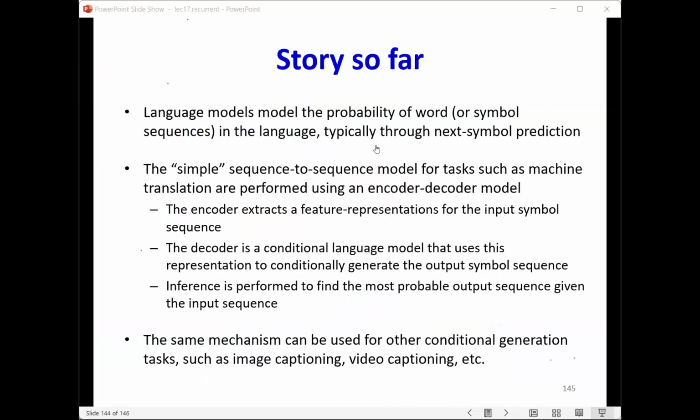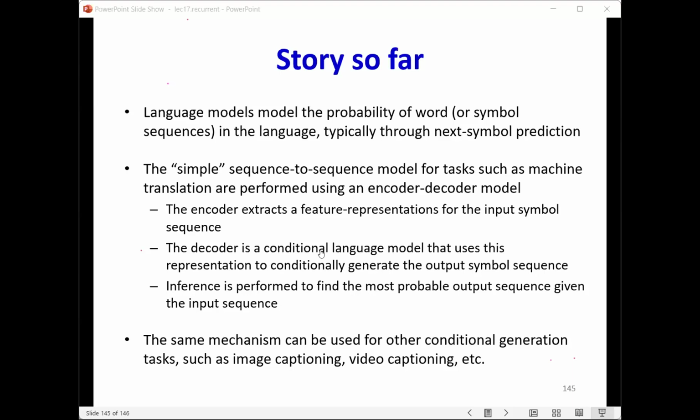I have some pseudocode. So the story so far is that language models model the probability of word sequences in the language, typically through next symbol prediction. The model we saw today is the simple sequence to sequence model for tasks such as machine translation. They're performed using an encoder-decoder model where the encoder extracts a feature representation for the input. And the decoder is actually a conditional language model.